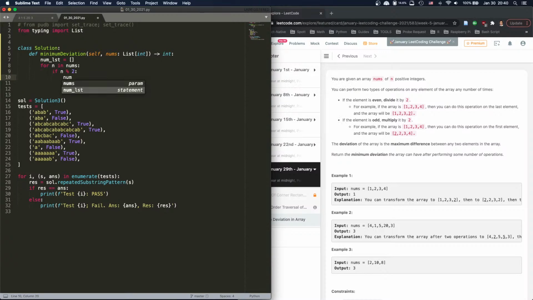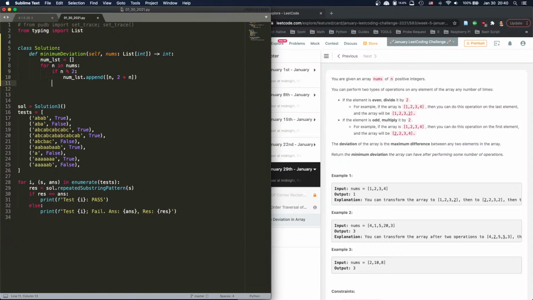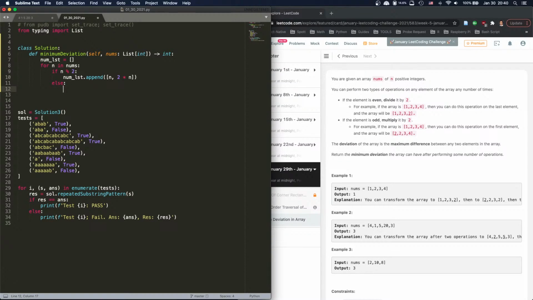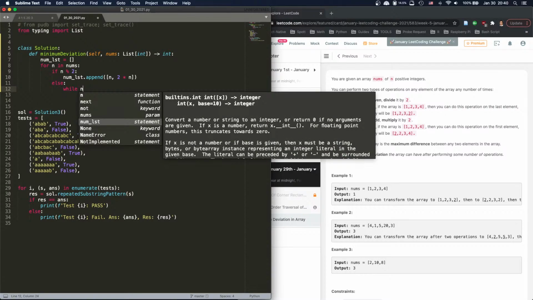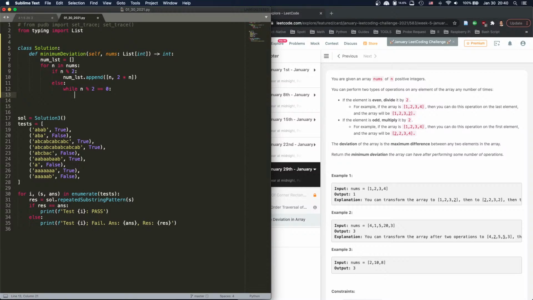I just go num list dot n. It's gonna be n and 2 times n. Else, even number. While n divided 2 equals 0, and it's an even number, then you need to reverse it.